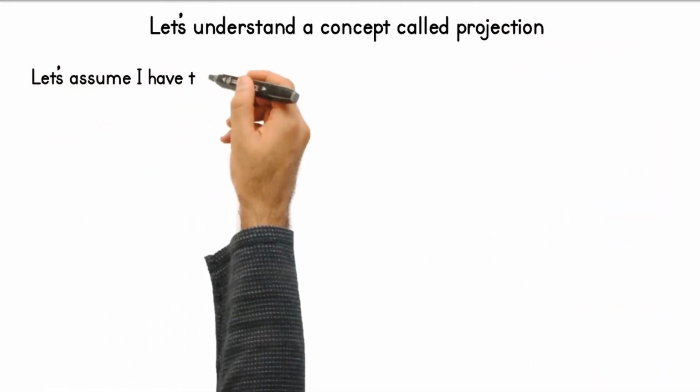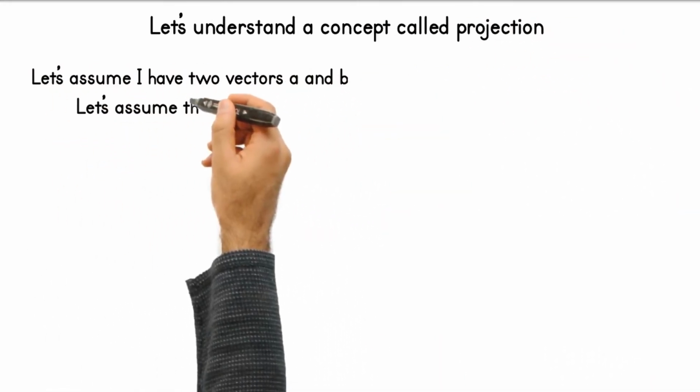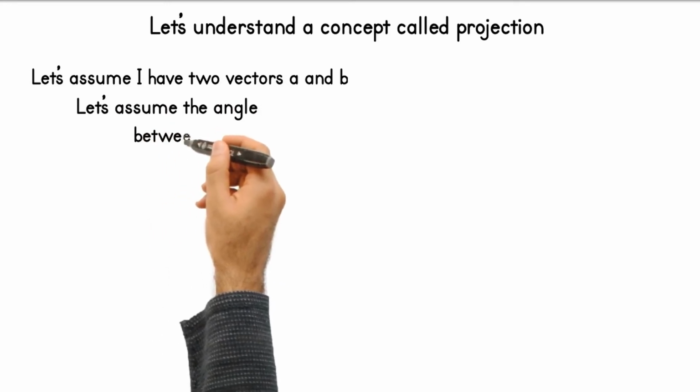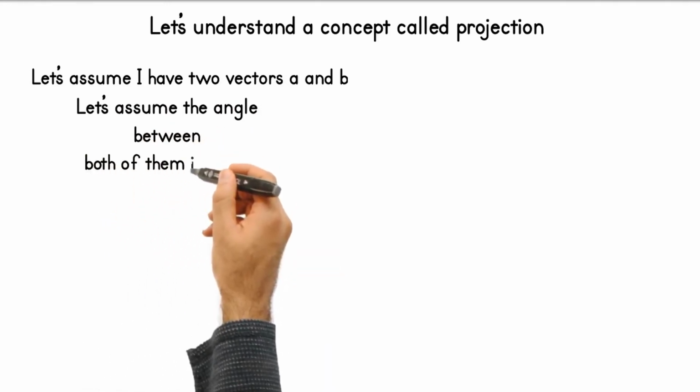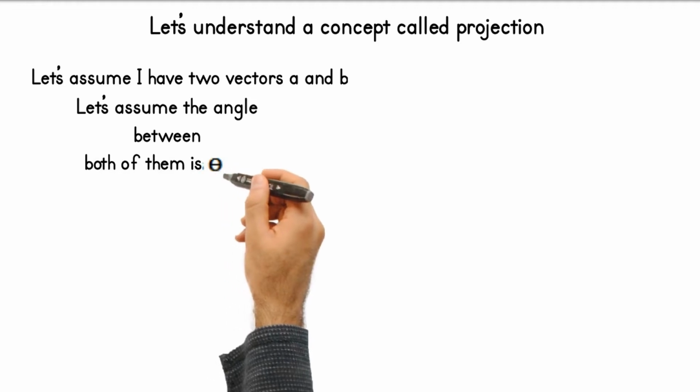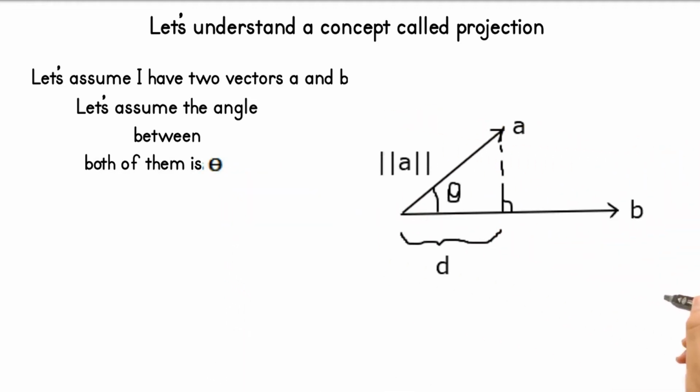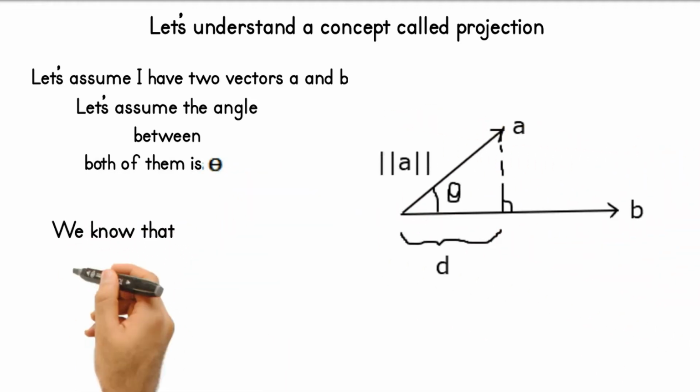Let's understand a concept called projection. Let's assume I have a vector A and a vector B as shown in this graph, and the angle between both of them is, let's assume, theta.